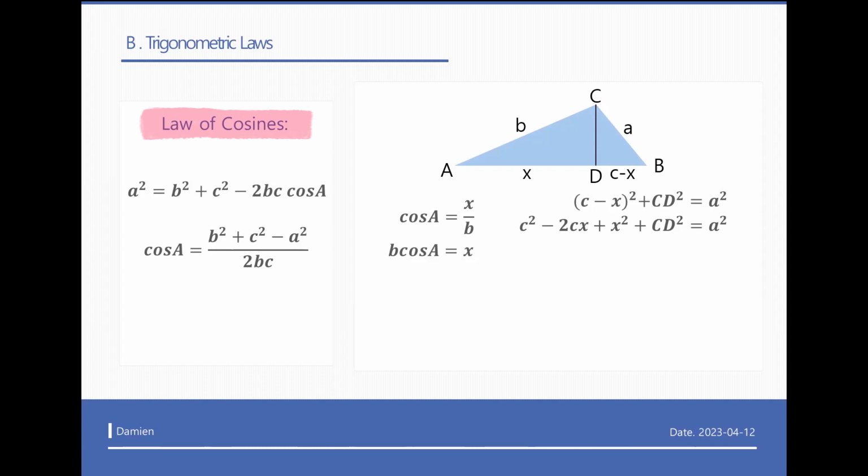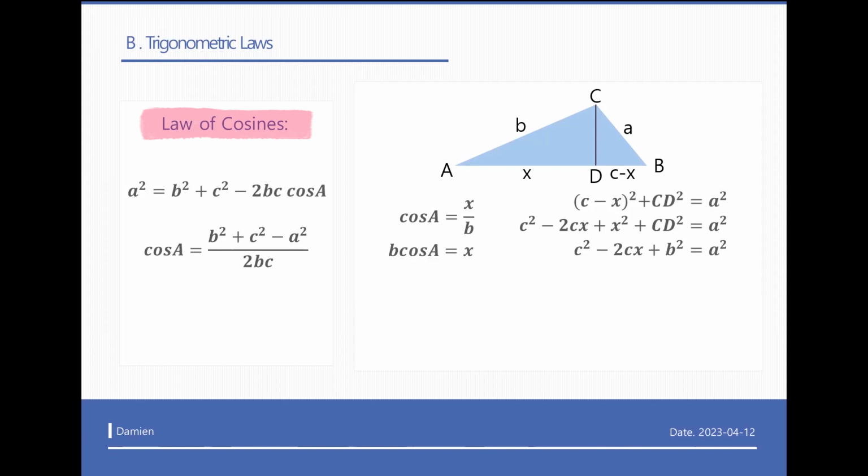But if you notice something over here, in this long equation, x squared plus cd squared is given to us. But is that the same thing from the right angle triangle from the left side? x squared plus cd squared should be b squared by Pythagorean theorem, right? So we're going to be substituting b squared for x squared plus cd squared and make it shorter like this.